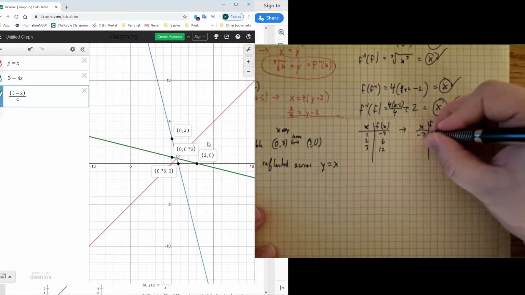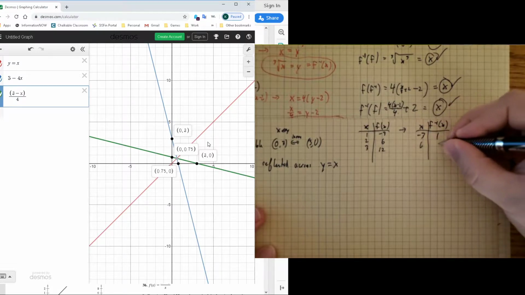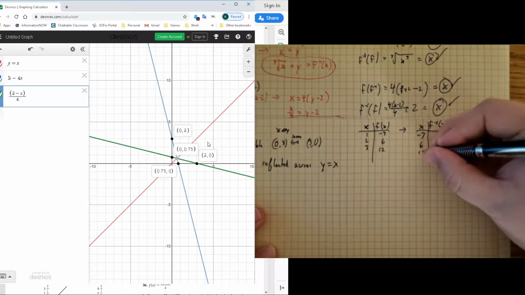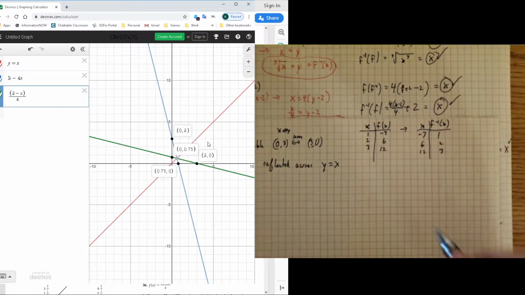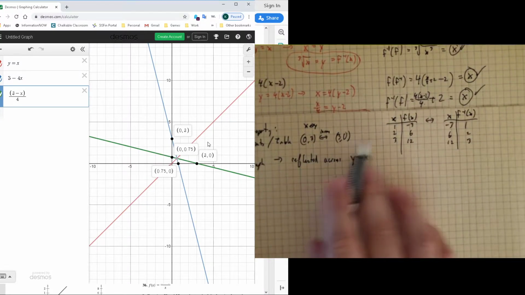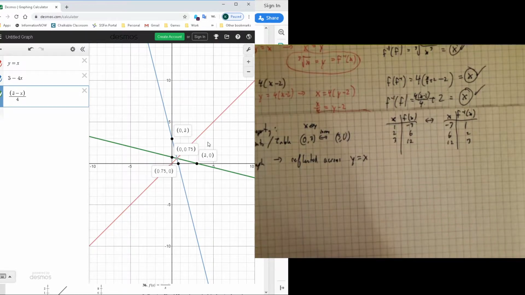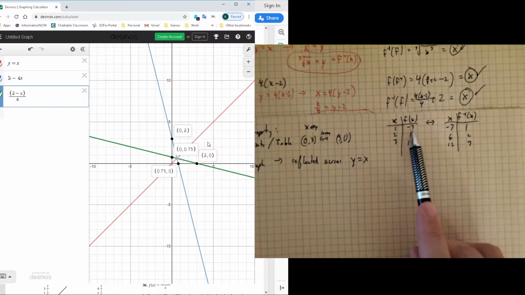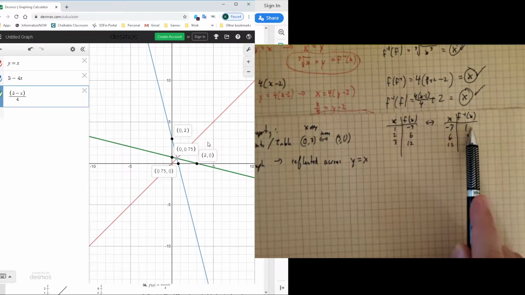So I'd have (-3, 1), I'd have (6, 2), I have (12, 3). It always has this relationship, whether it be in the points, in the tables, or in the graph. The x and the y are interchangeable. The x value is 1, the y value is -3. But in the inverse, it's the opposite. The x is -3, the y is 1.